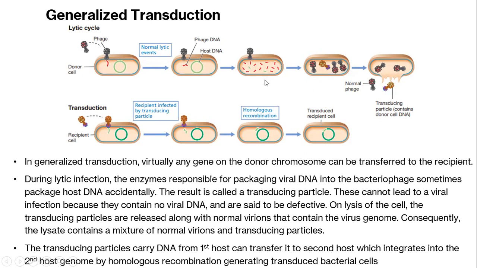Late during the lytic cycle, the transcription and translation process will lead to synthesis of a lot of phage capsid proteins. Sometimes during the lytic cycle, the host DNA also gets degraded and shredded into smaller particles, which may imitate the size of the viral DNA.